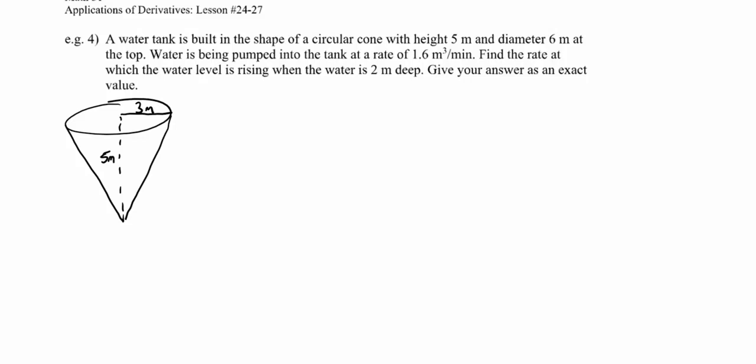So now what's helpful for these ones is to draw a second little cone inside there, right? Because what's happening is the water is being poured into this thing and it's going up over time. And we want to find the rate at which the water level is rising when the water is 2 meters deep.